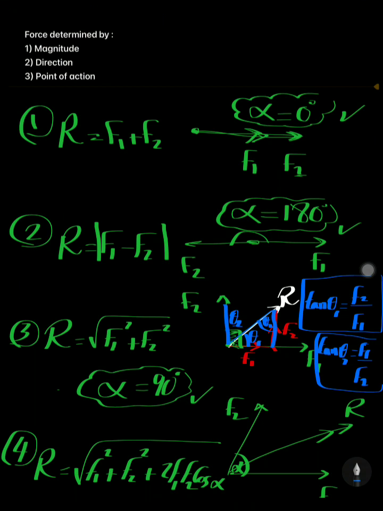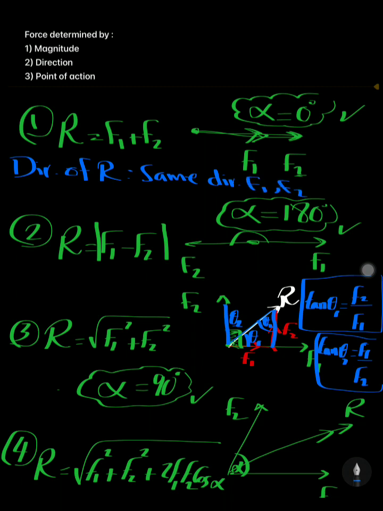What about the direction of the resultant in the first and second cases? In the first case, the direction of the resultant is the same direction as F1 and F2.